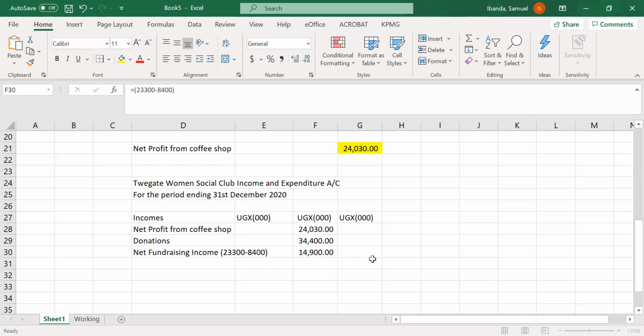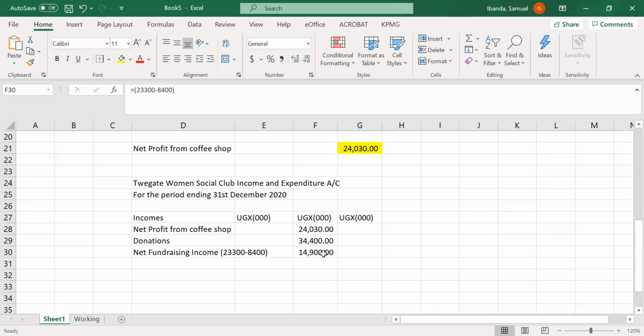You should be able to get 14,900. Okay. Now sometimes they can write fundraising income here, and write the fundraising expenses under income and expenditure. Sometimes you can just get the net. When you get the net, when you get to expenses, you don't have to record the fundraising expense because you have already gotten the net income right here.